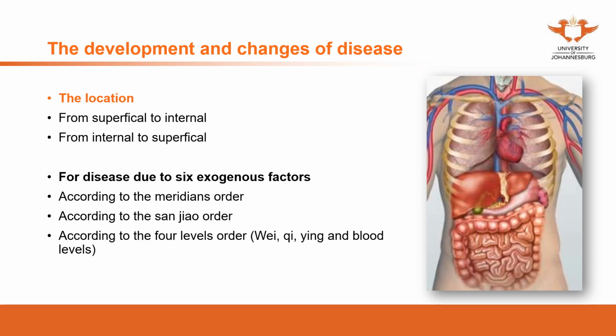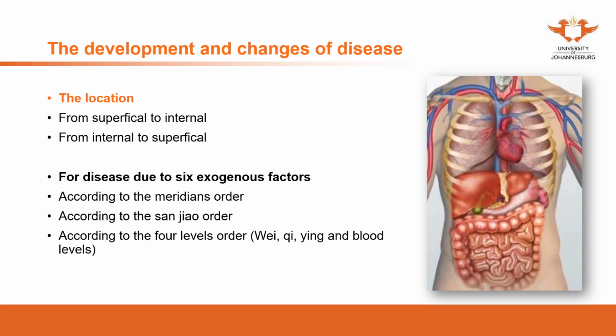According to the 4 levels order, the 4 levels we are also going to study in the differentiation method. This is actually a new term for us. The 4 levels refer to Wei level, Qi level, Yin level, and blood level.